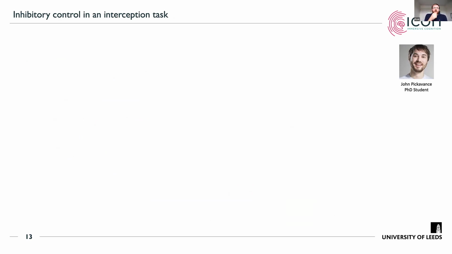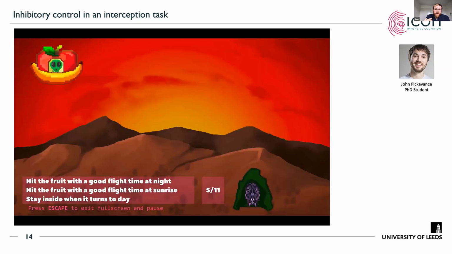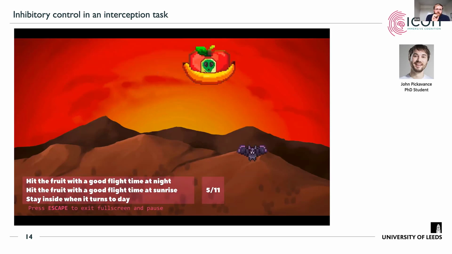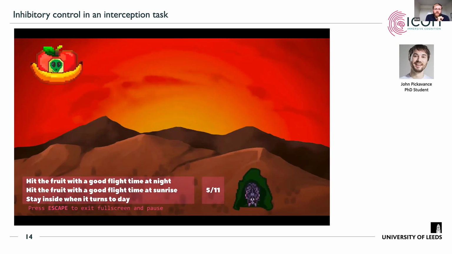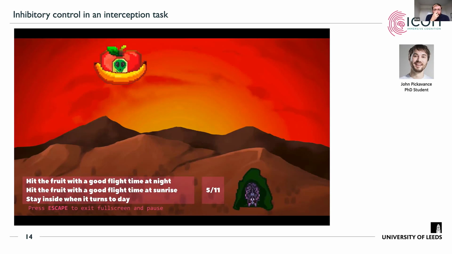So what JP, or John Pickavance, wanted to look at with this task is not just the interceptive timing, but actually stopping yourself from moving in the context of an interception task. He had a subset of trials where the screen's background changed colors, indicating that it was dawn.